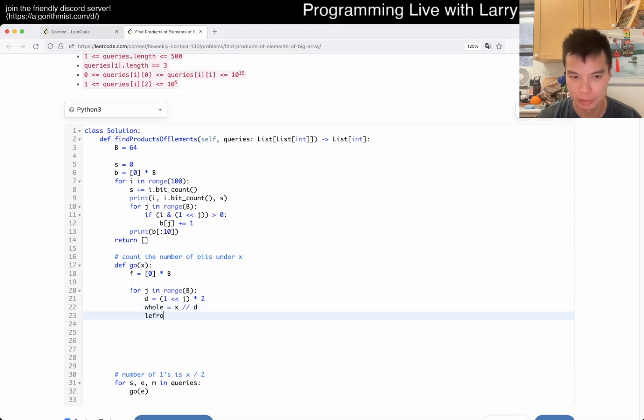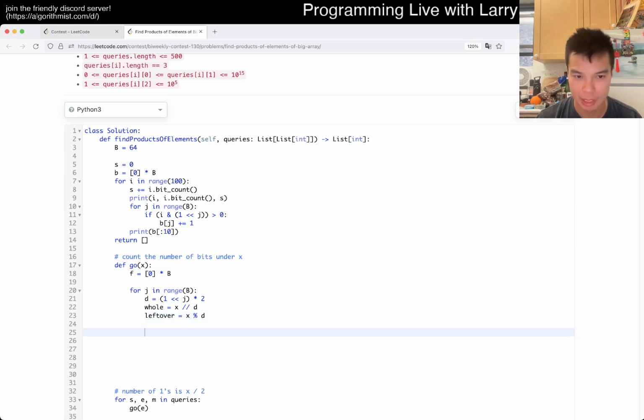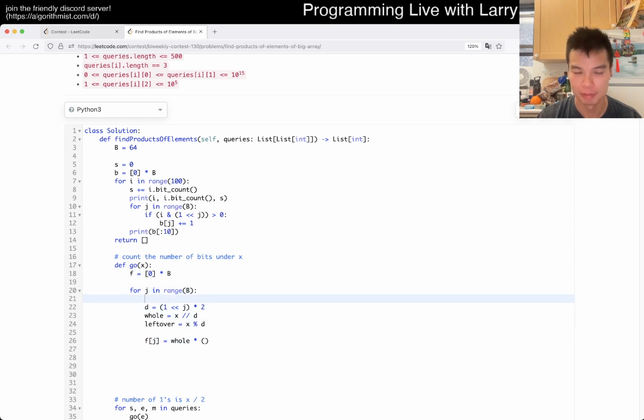And then leftover is going to be X mod D, right? And then F of J is just going to be the number of whole pieces times J, 1 times J. Okay, so P for pi, I don't even know why.